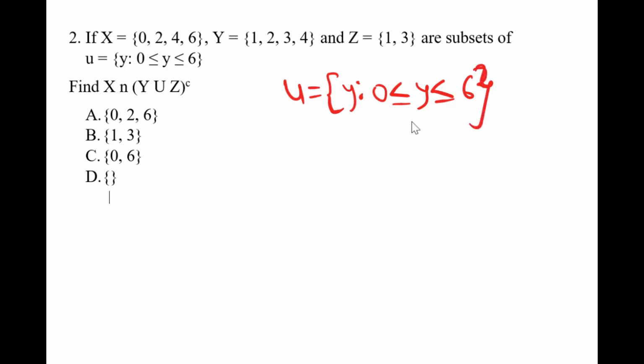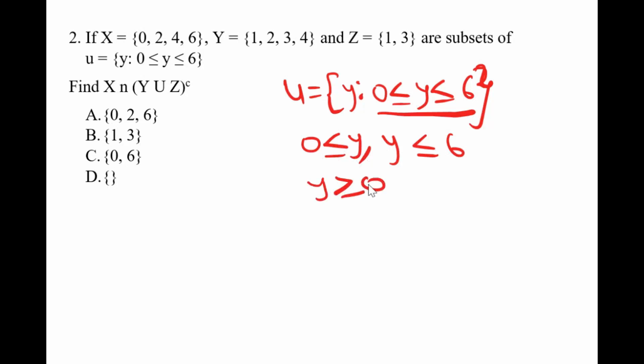This means, let's break down this part, that 0 is less than or equal to y, so y is greater than or equal to 0, and y is also less than or equal to 6.